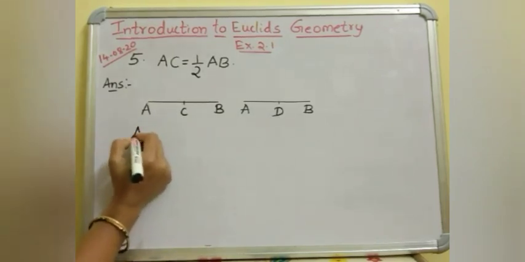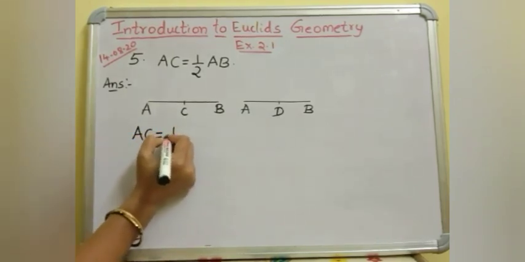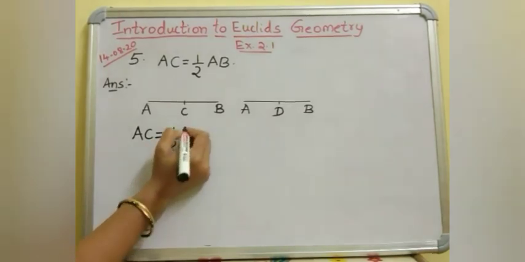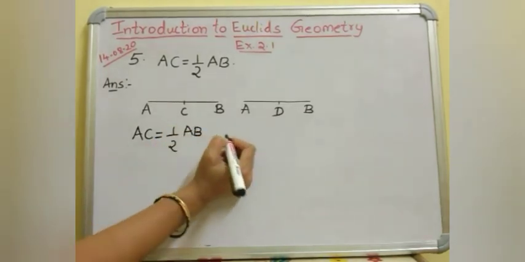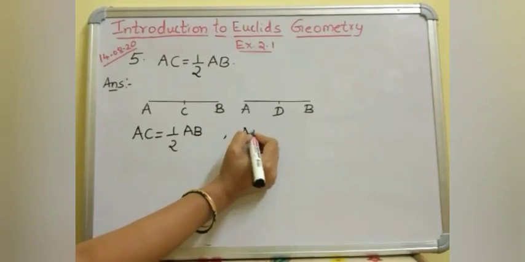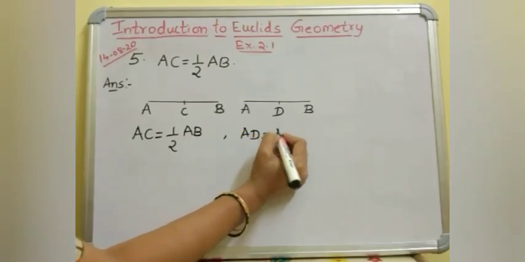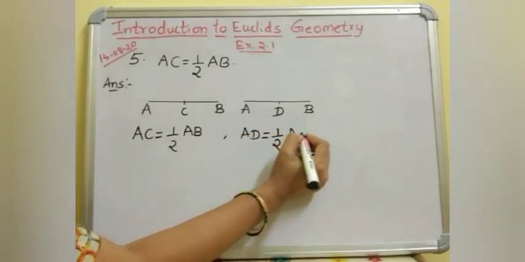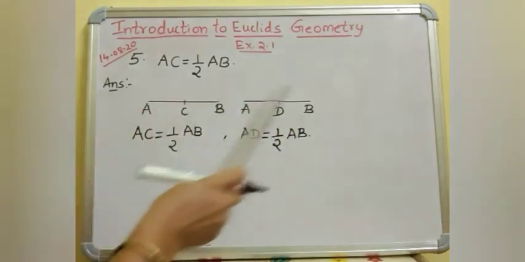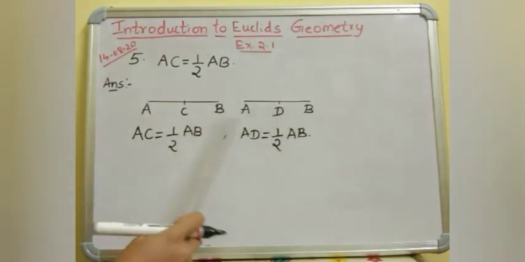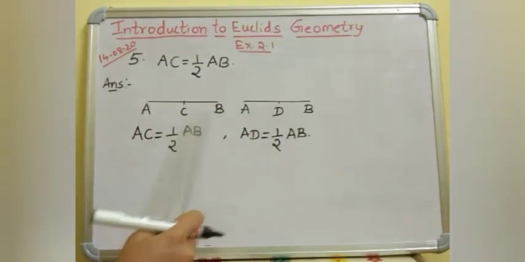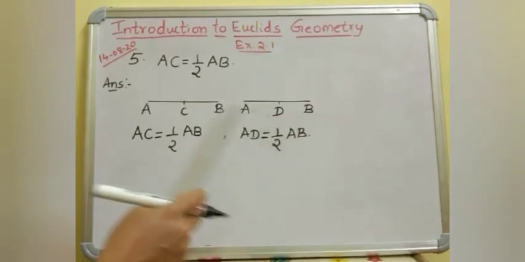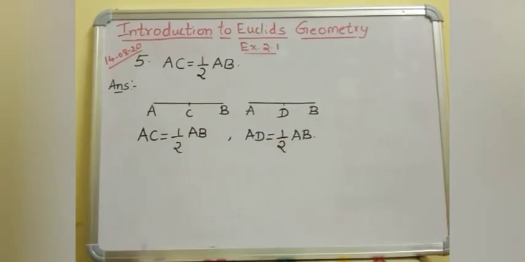So I will write the statement as AC is equal to half of AB. Similarly, can I write AD is equal to half of AB? Is it possible? See children, here both are possible because D is also a midpoint, C is also a midpoint.